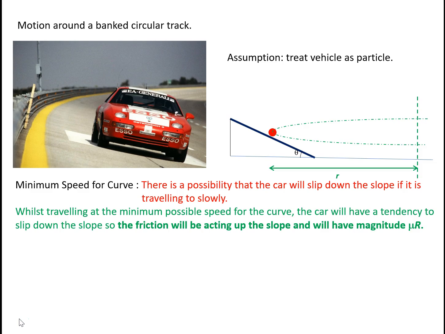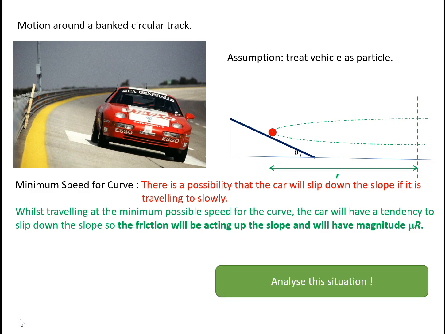If there's a tendency for the car to slip down the slope, then the friction will oppose that, which will mean that the frictional force is acting out of the slope, in other words, up the slope. And as an exercise now, I'd like you to find what the minimum possible speed for the car is to maintain its circular path around the bend.